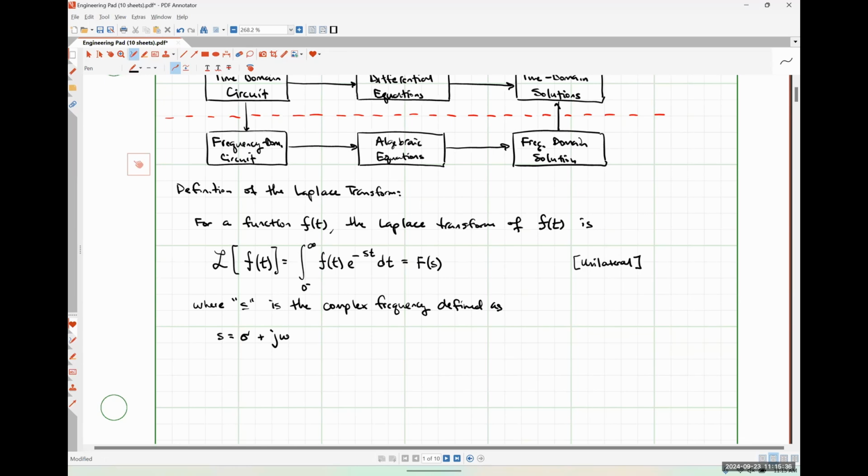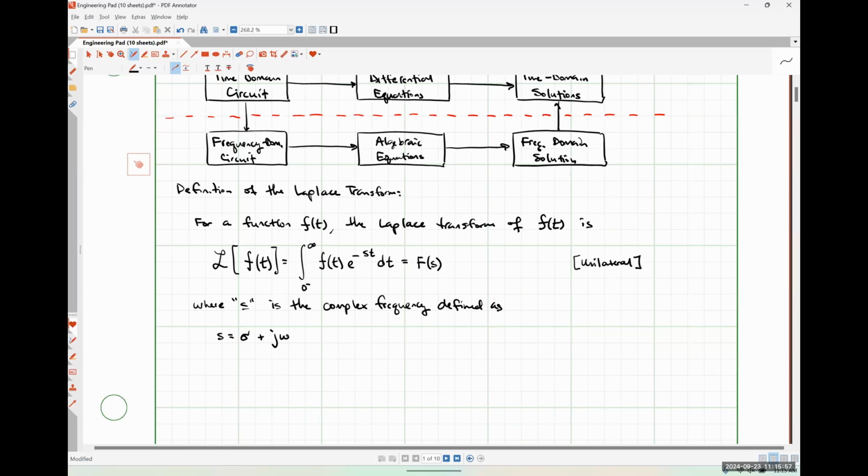So effectively, this portion of our complex frequency s is what's telling us how our signals exponentially increase or exponentially decay.